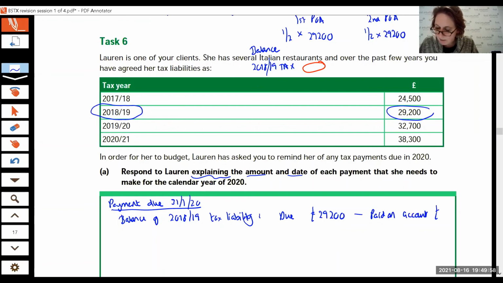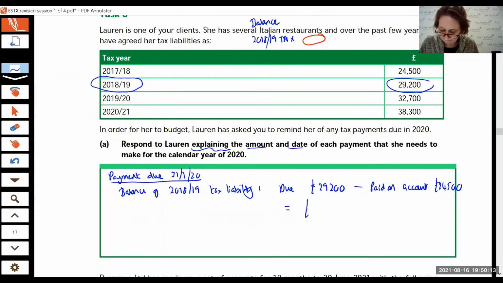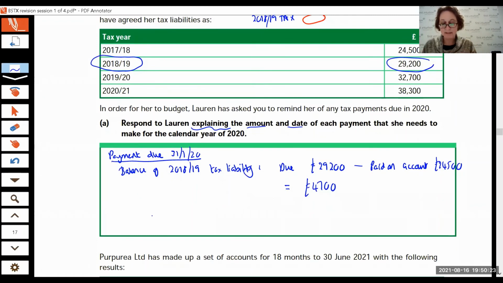So the paid on account is 24,500. So the amount now due to be paid is going to be, we've already got this in the chat box, faster than me, 4,700. So 29,200 is due. She's paid 24,500 on account. 4,700 is now due. And that's the balance of the 2018-19 liability.